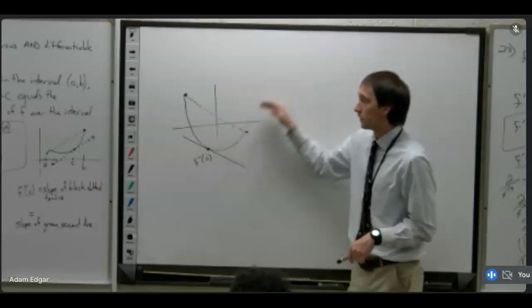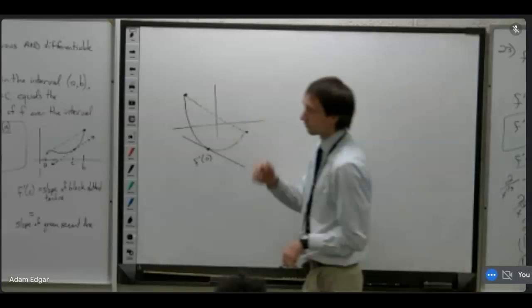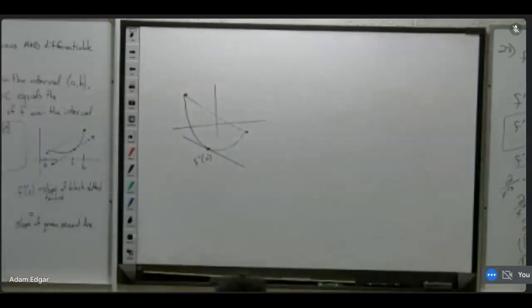Figure out the derivative. Set those things equal. Or in the case of Rolle's theorem, find the derivative, set it equal to 0, and solve. And see what values happen inside the interval. So that's what we're going to be doing with a few examples, and then that's going to be what you have for your homework for the most part.